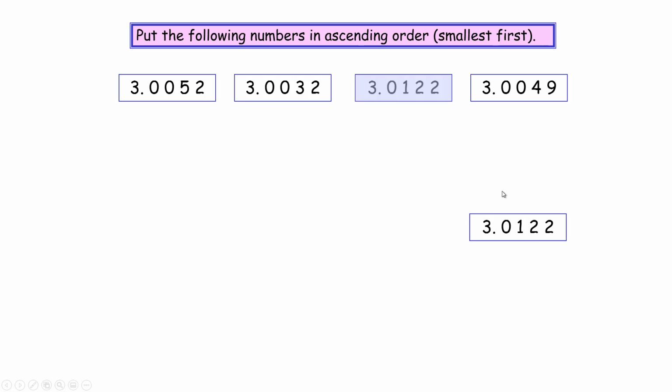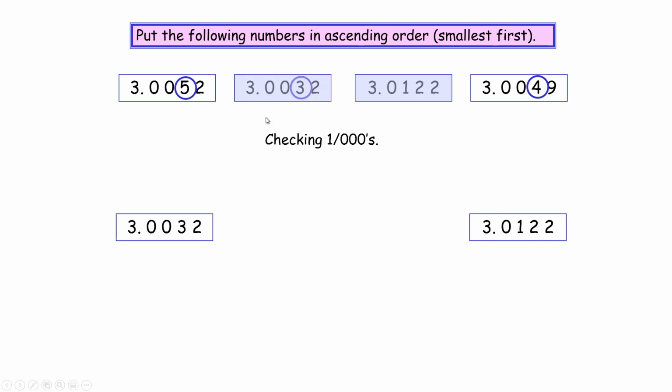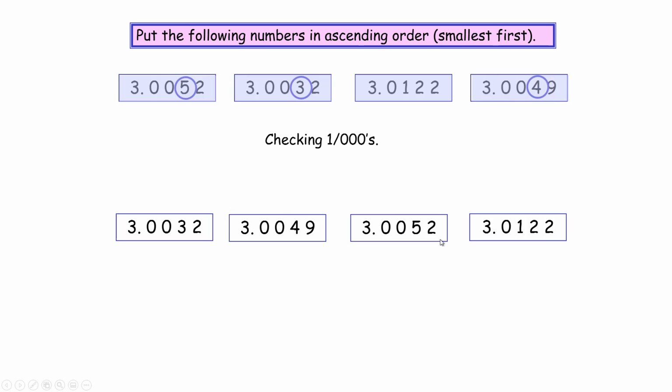Okay, we can take that out, leave it as our largest number, and then we look at the next column. Okay, so we're checking then our thousandths column. We've got a 5, a 3, and a 4. So our 3 is the smallest. So that's our smallest number. And then with the next 2, that's got a 4 in there. That's got a 5. And so that's our numbers in order.